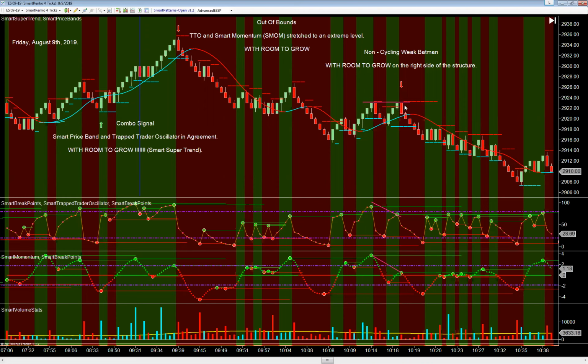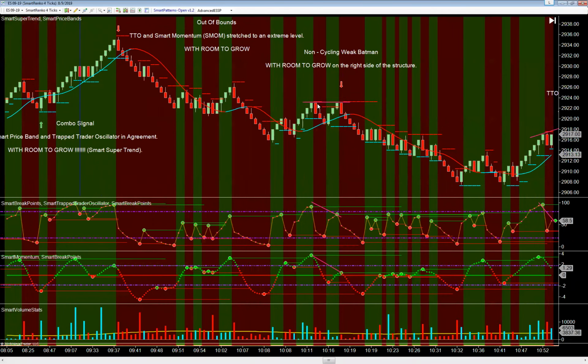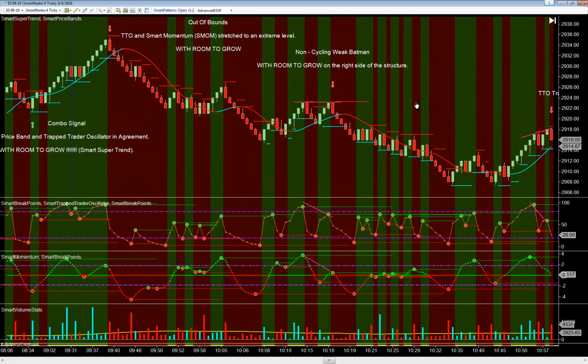On this bar, we've got 10 ticks, open zone. And you can notice this has no open zone and it gets caught. This has this open zone and it goes down. And I can tell you, we see this every day in the room and we take advantage of that. We love it. So this non-cycling weak Batman is becoming a room favorite, and you can start to see why.